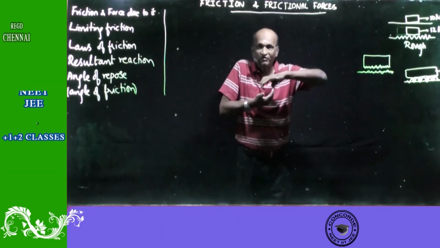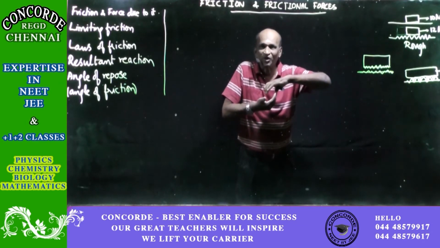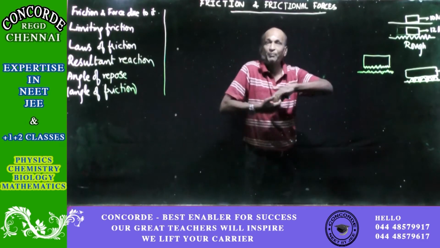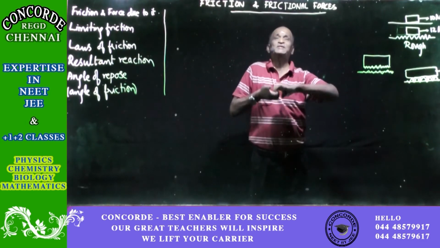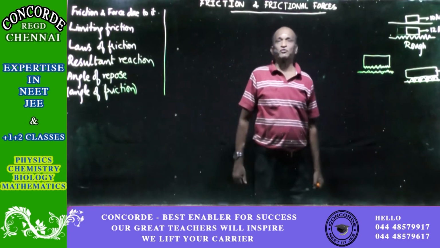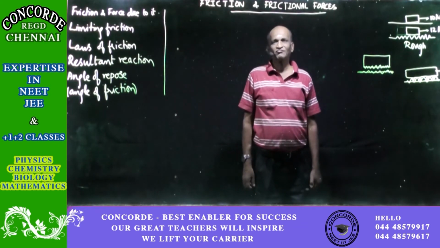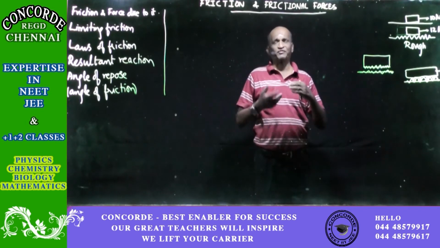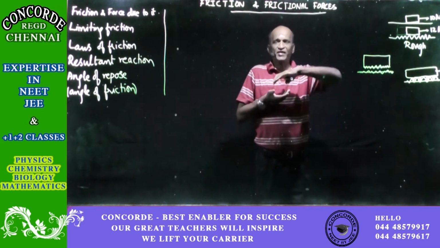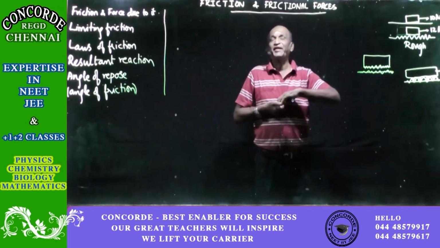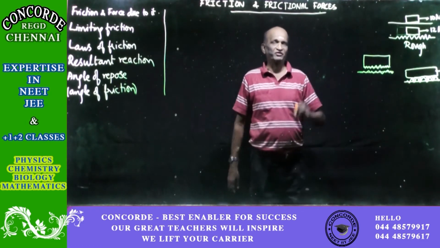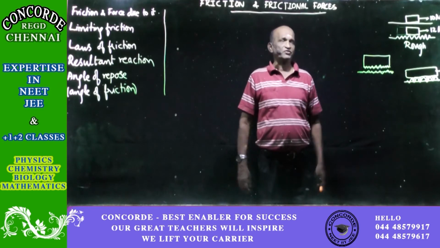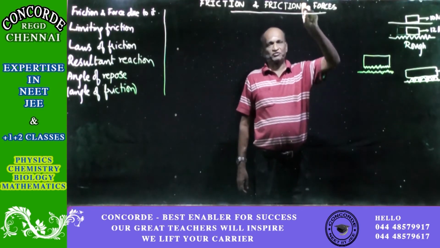When you apply a force, see here that the two bodies come in contact, because of which this projection is opposing the motion, and because of that you have to apply an additional force. So because of projections on the surface and also on the body, there is an opposition. That opposition is called friction. The force on account of this opposition is what is called frictional force.